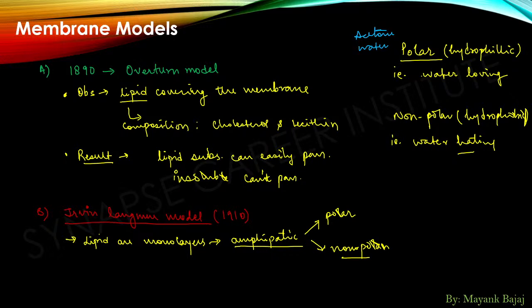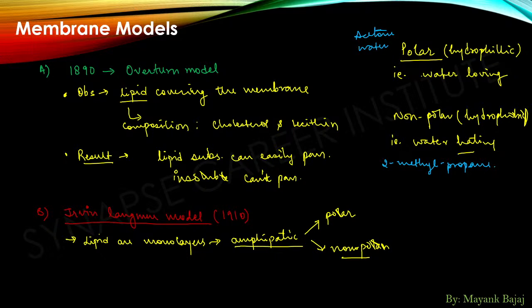We have propane, ethane, all these are hydrophobic molecules. 2-methyl propane, anything you can say. So we have a number of examples which are non-polar molecules. So we can say non-polar molecules can pass through the membrane, whereas polar molecules do not, right?